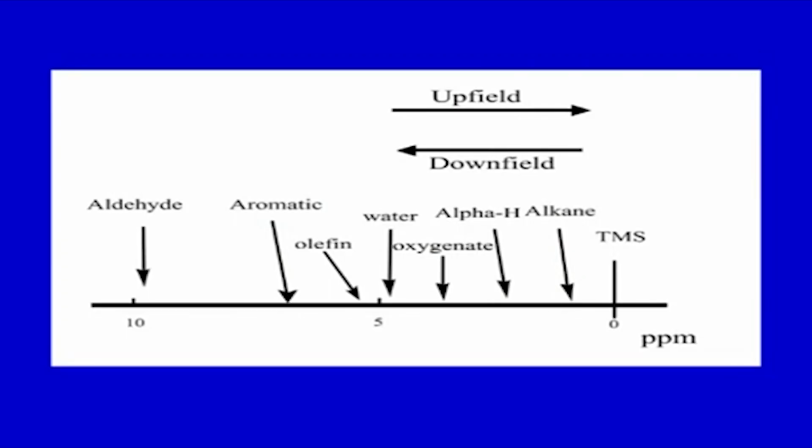In this spectrum you have a downfield and an upfield, with TMS as the reference, and different positions which protons will possess in different kinds of molecules, as you can see: alkane, alpha H, water, aromatic, aldehyde. Depending on the chemical environment, these peaks will appear, and the scale is taken from 0 to 10 ppm.